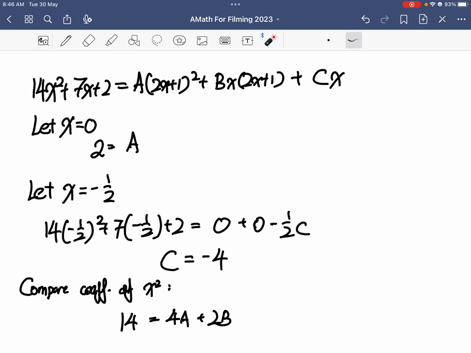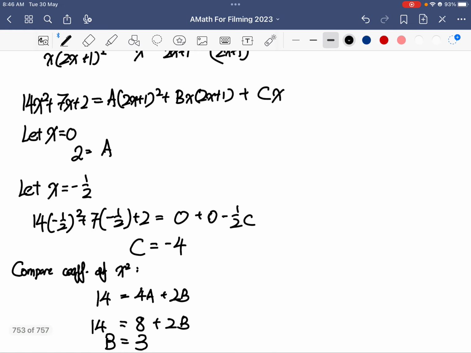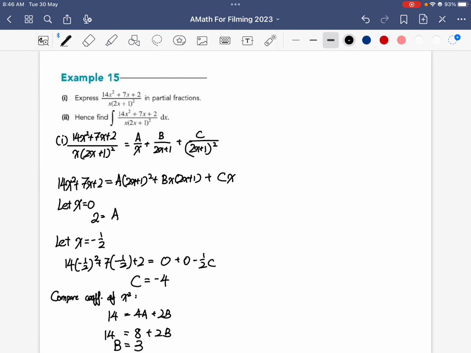Where did 2b come from? bx times 2x is 2bx squared. Hence, 4a plus 2b. So what we have here is 14 equals 4 times a, which is 8, plus 2b. If you solve, you will get the value of b is equal to 3. Your textbook provides an alternative whereby they just let x equal 1. You will also get the same answer of b equals 3.